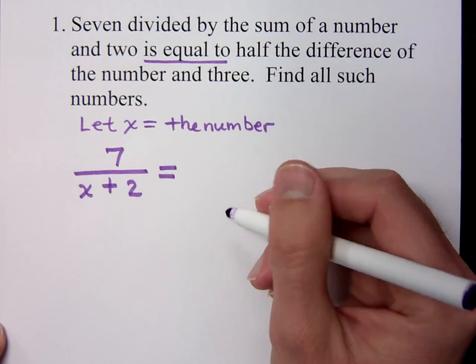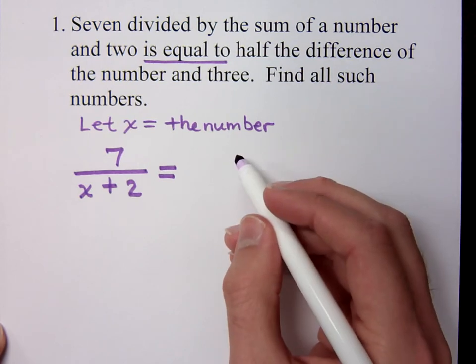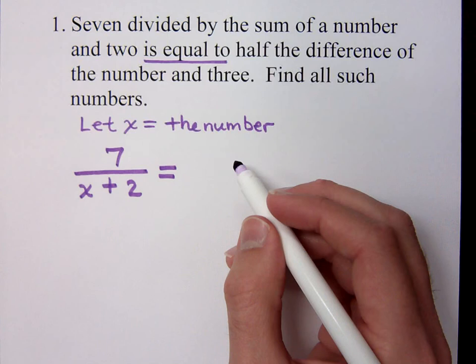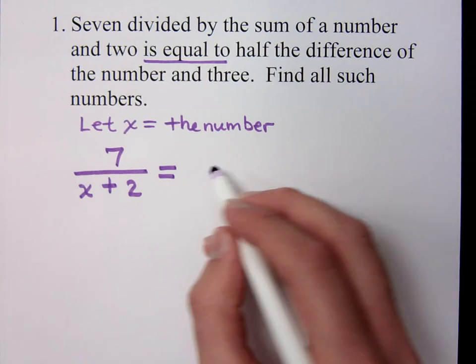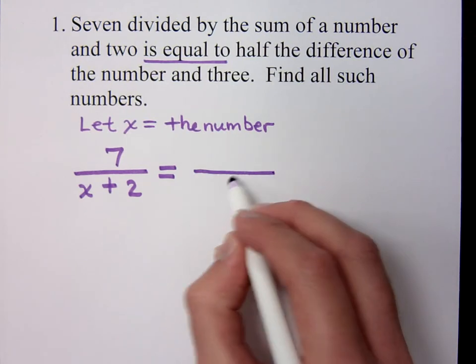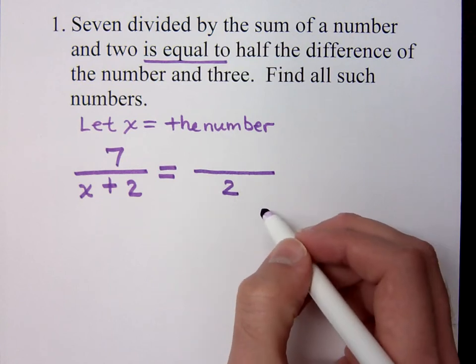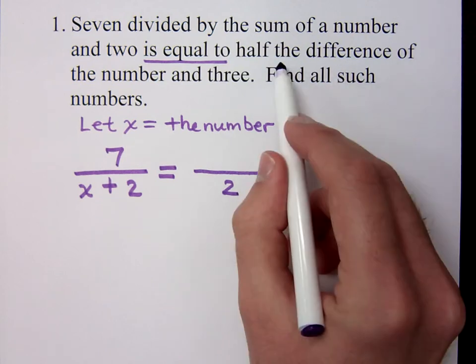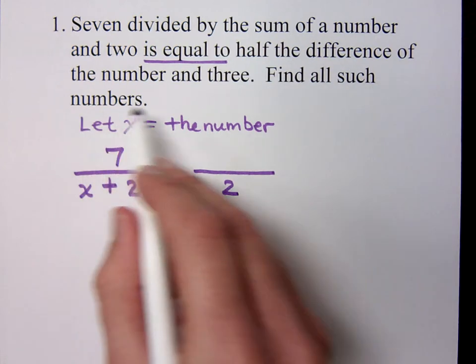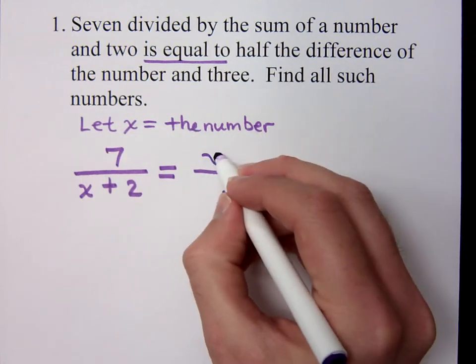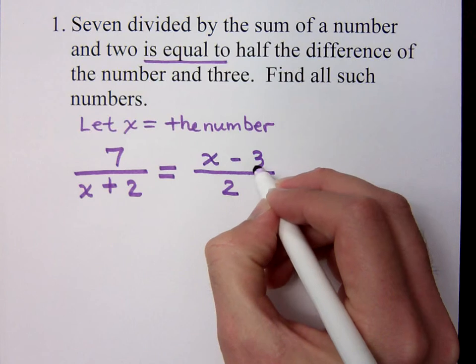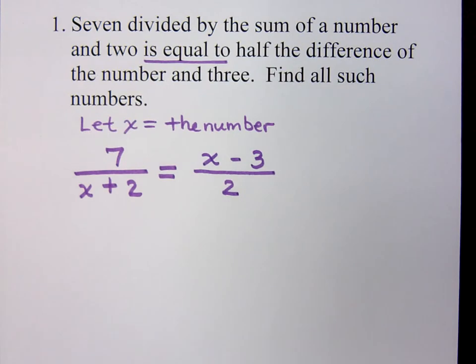It means multiply times a half or divide by 2. Probably dividing by 2, considering that we're working with rational expressions. So what am I taking half of? The difference of the number and 3, so that's x minus 3. You just wrote the equation.